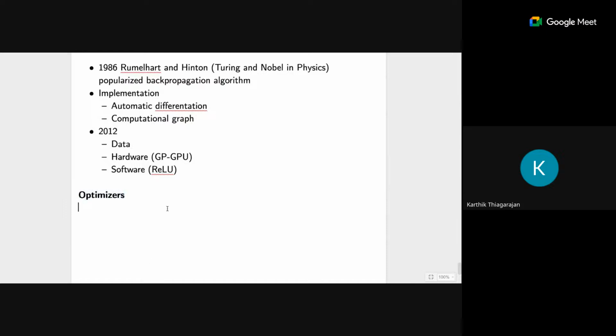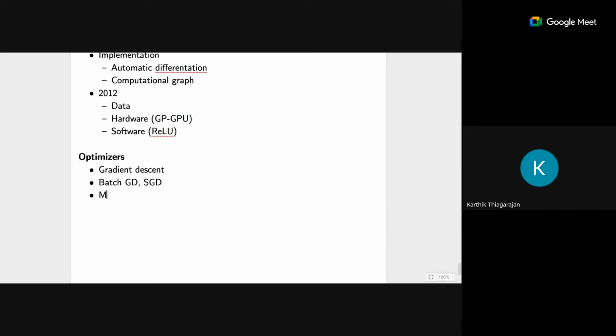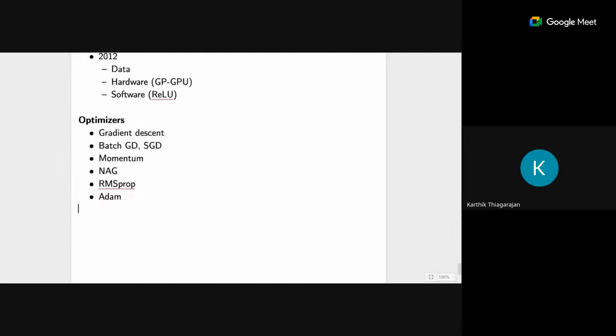You need to know gradient descent, batch GD and SGD, and then momentum. Nesterov accelerated gradient descent is also there, and then RMSprop, which will come in week 5, and Adam. These are the main optimizers you need to know.